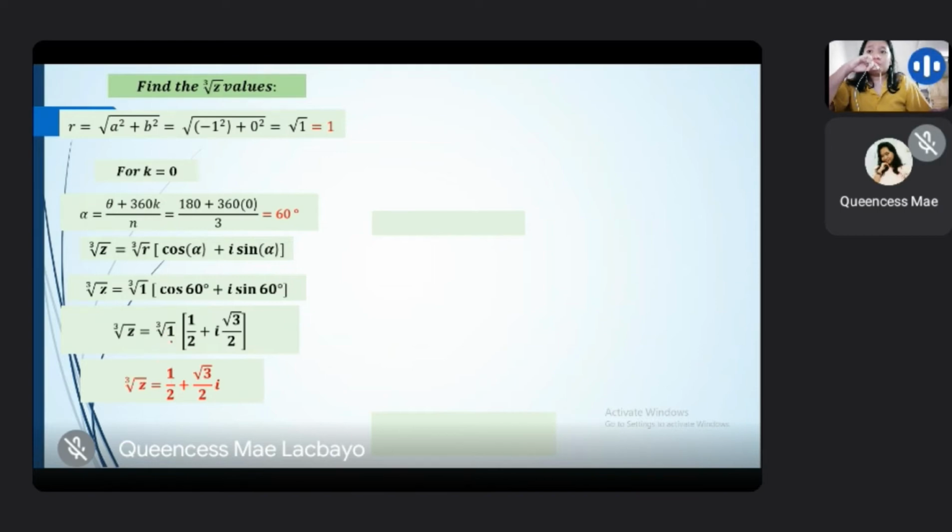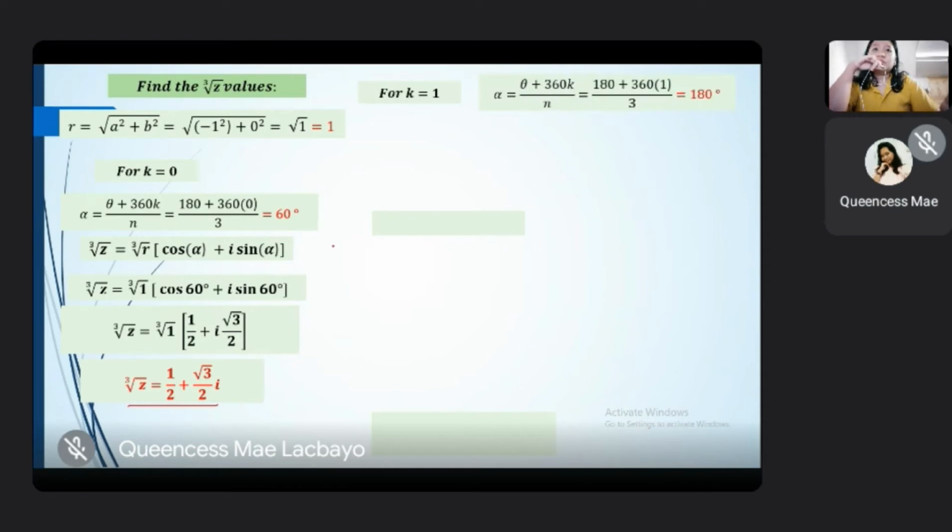So 1 times 1 half is 1 half. Then 1 times the square root of 3 over 2 is square root of 3 over 2 i. So the value for our cube root of z is equal to 1 half plus square root of 3 over 2 i for k equals 0. That is the answer for k equals 0. Next is for k equals 1.